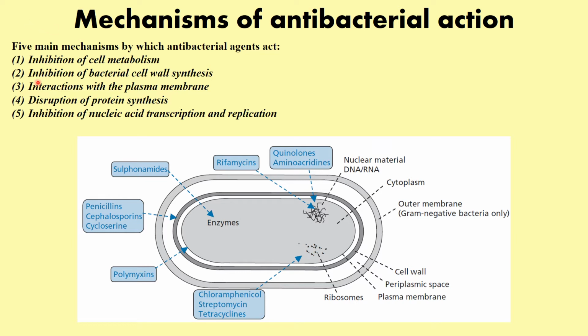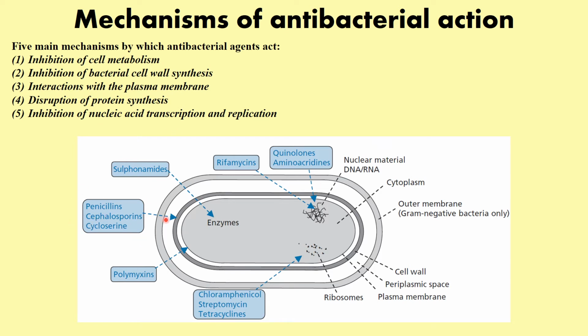And then we are talking about the inhibition of cell wall synthesis. The drugs which inhibit the formation of the cell wall are penicillin, cephalosporin, and cycloserine. So what do we mean by inhibition of cell wall synthesis? When we study the penicillin drug in part 2 of the video, we will study this in more detail.